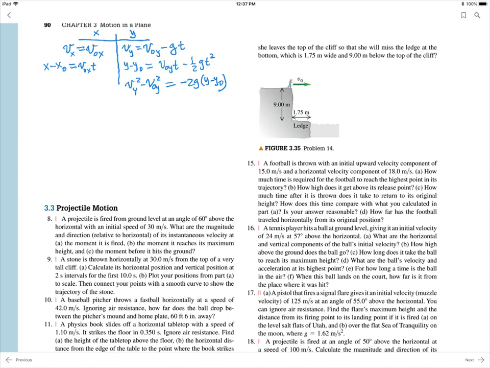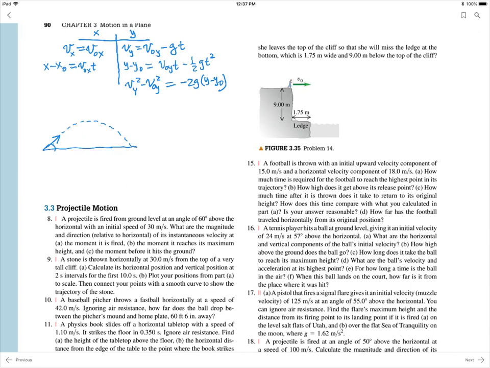Okay. If you go to the lecture video where I described 3 different types of motion, as I mentioned before, all of these problems will fall into 3 categories. One, that start from the ground level. So this is the ground. They go up and then come back down like that.